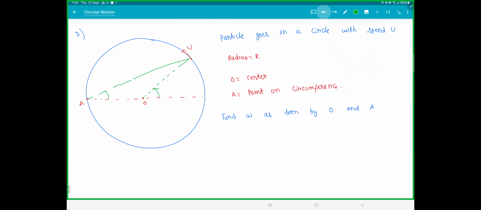So for the same particle, depending on where you're watching, you can have different omegas. Before going into the standard ones, I wanted to show you the weird ones because it should get drilled into the head. Omega can be defined for anything, and omega can be different from different positions. The most general misconception is that omega is defined for a circle and you always have to see from the center. Not true. You can stand anywhere and watch. Give it a try.